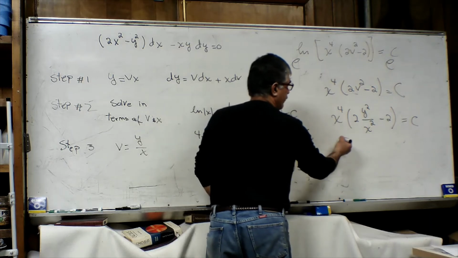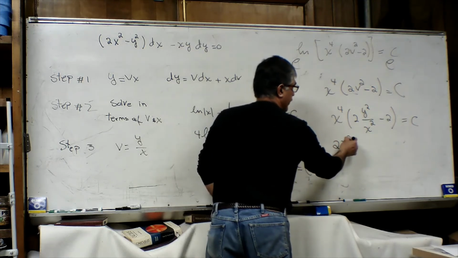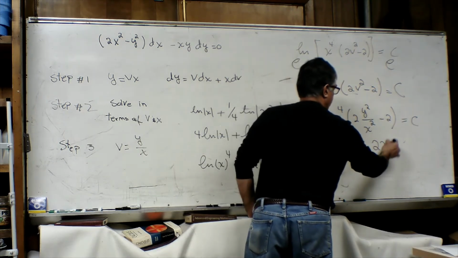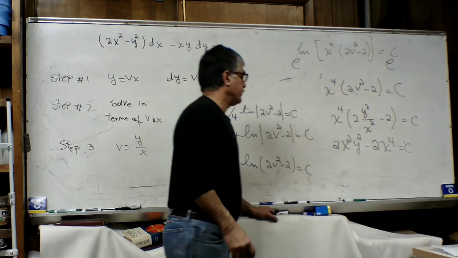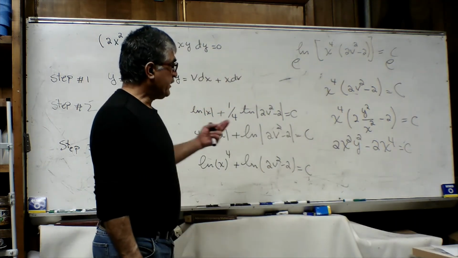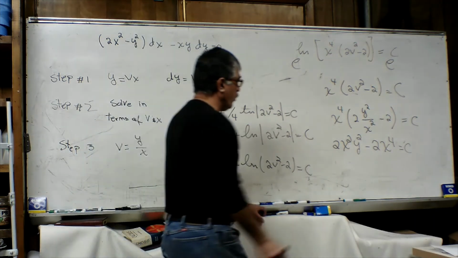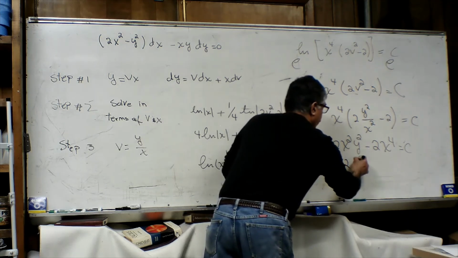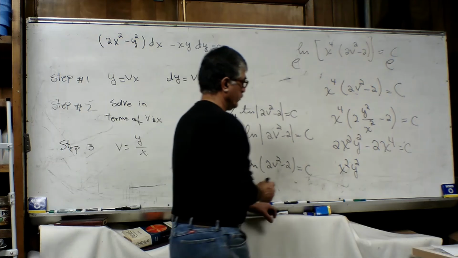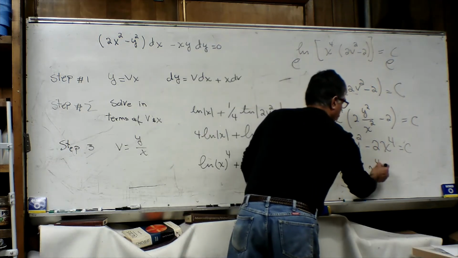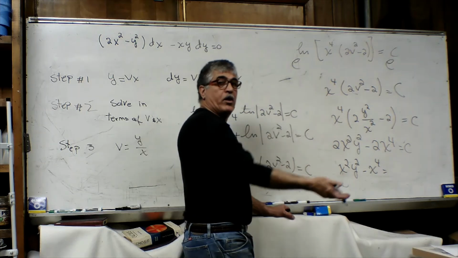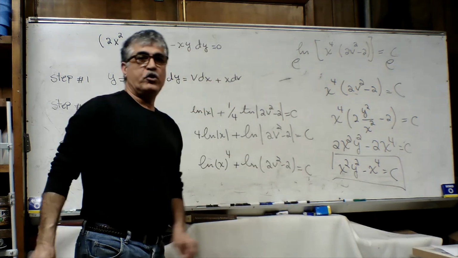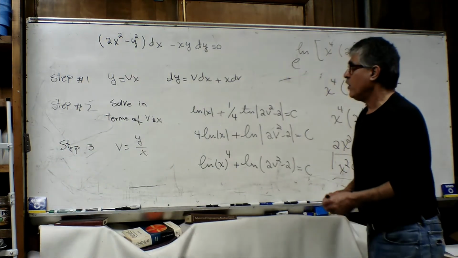So here we are going to have 2x squared y squared minus 2x to power 4 equal to constant. Let's divide both sides of the equation by 2. We are going to have x squared y squared minus x to power 4 equal to c divided by 2, again a constant. So this is our solution for this homogeneous differential equation.